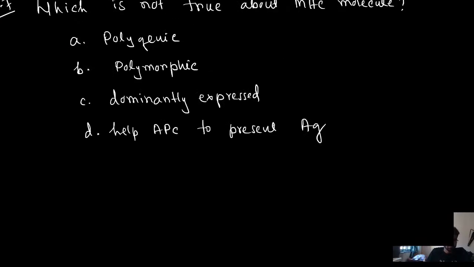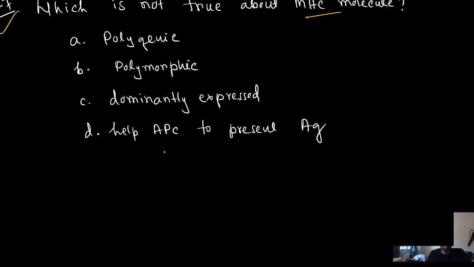Fantastic. Question number 7: which is not true about MHC molecule? Major histocompatibility complex. It is polygenic, it is polymorphic, it is dominantly expressed, and it helps to present antigen.